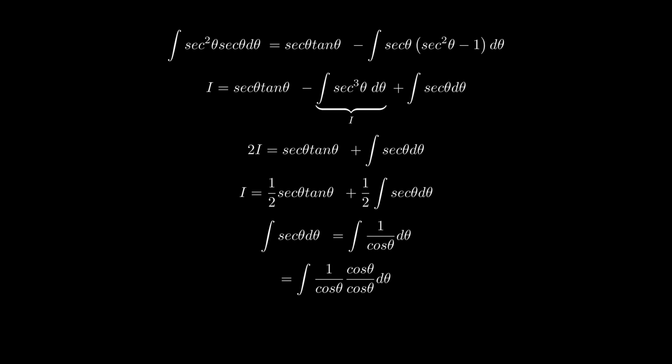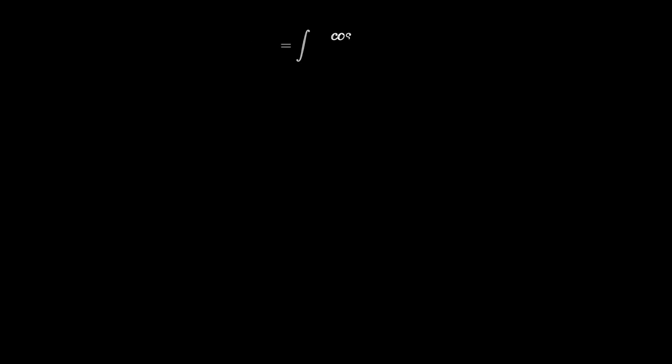By using the identity cos squared theta plus sine squared theta equals 1, cos squared theta becomes 1 minus sine squared theta. And then if we factorize 1 minus sine squared theta, we get 1 minus sine theta times 1 plus sine theta. So that's at the denominator.